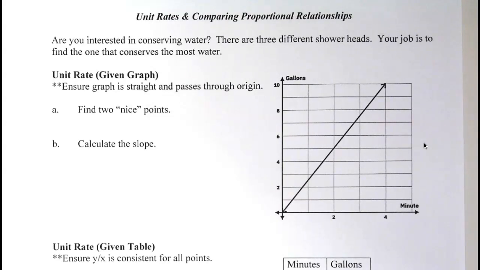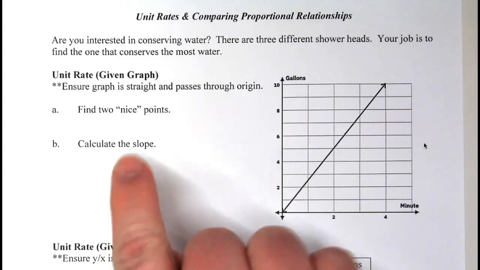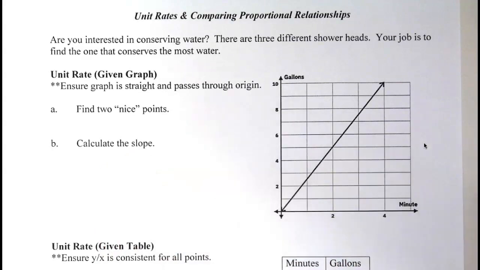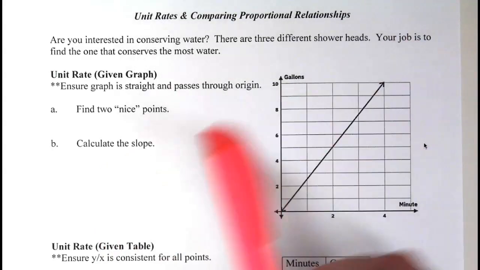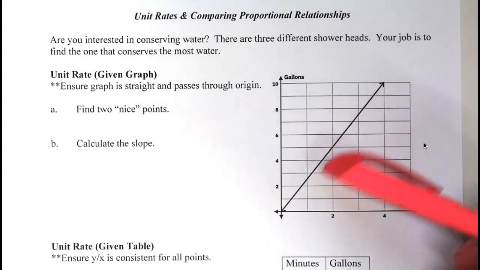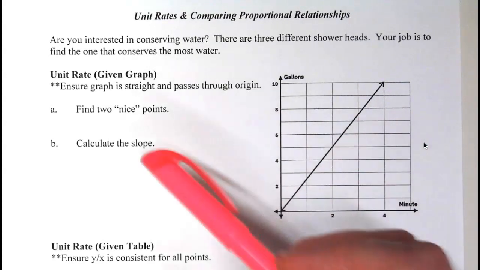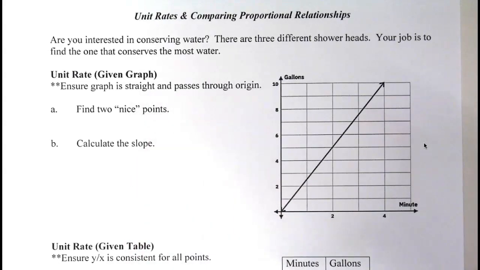So in order to find the unit rate, we're basically finding the slope value. Now, in order to find the unit rate, we need to ensure that this graph is straight and it passes through the origin, which it does. So our first step is to find two nice points. And what I mean by nice points is that they fall on the crosshairs of a grid.